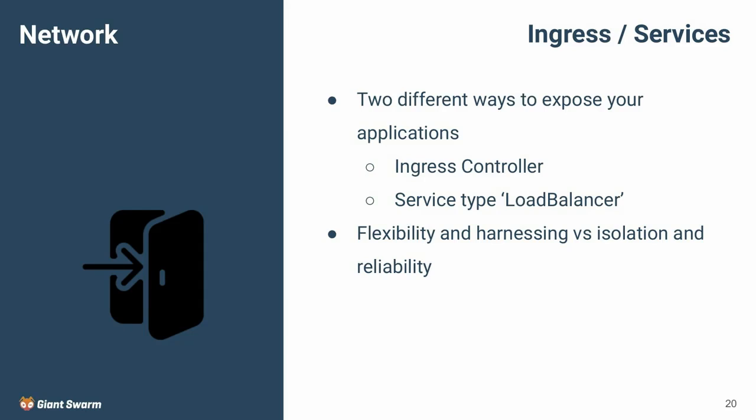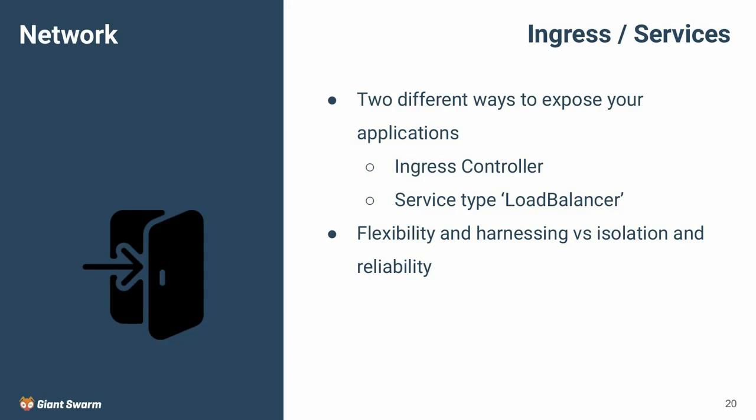Normally load balancers are invoiced by traffic, but also by entity, by instance. So that will be something to consider. There are some pros and cons to using one or the other. If you use service type load balancer for everything, obviously you will be isolated, in the sense that nothing will impact your applications. If one of these applications is misbehaving or there is a DNS attack, it's just going to go against one load balancer, right?